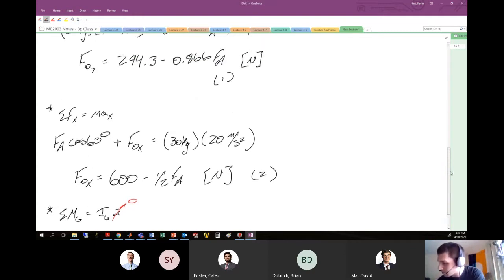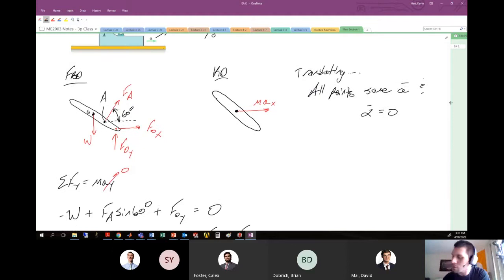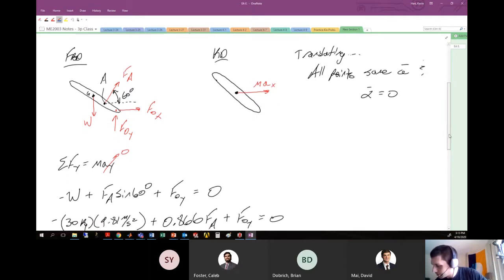All right, well, there's a couple of different ways to approach this sum of the moments. Hopefully we're comfortable taking the moments about this center point here at G. We're comfortable with some shortcuts in that if I need to know the contribution of the moment from this force, well, because this force is perpendicular to the position vector that defines that force, the magnitude of the moment generated is just the length between point G and point A multiplied by the force at A. So if you need some refresher on how to calculate moments quickly, maybe go back to your statics notes.